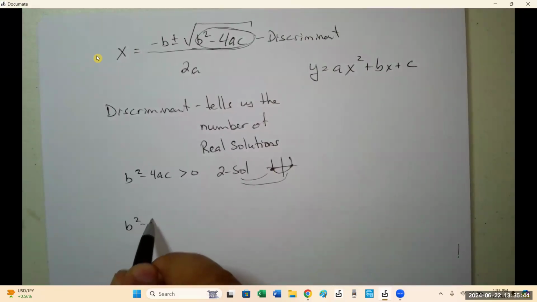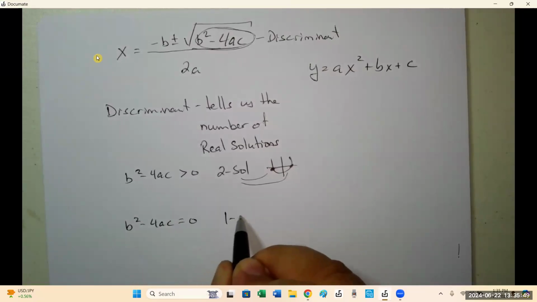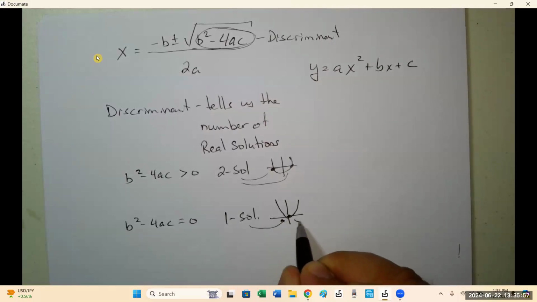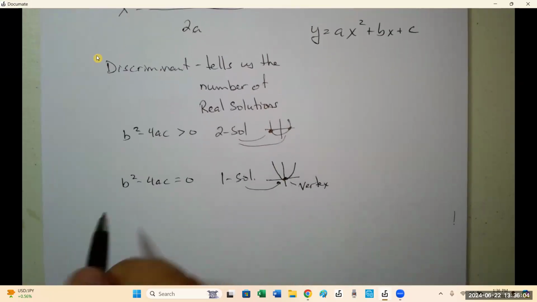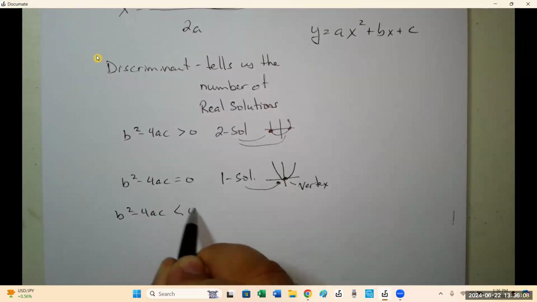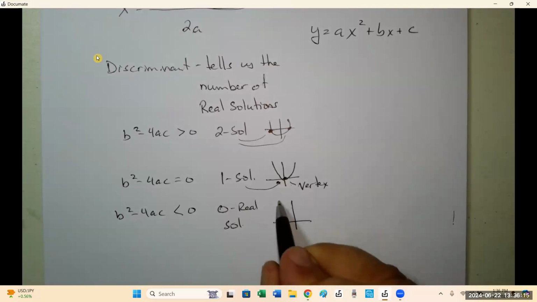If b squared minus 4ac equals 0, that means we only have one solution, and that solution is called the vertex. If b squared minus 4ac was less than 0, then we have 0 real solutions, which means our graph looks up like that.